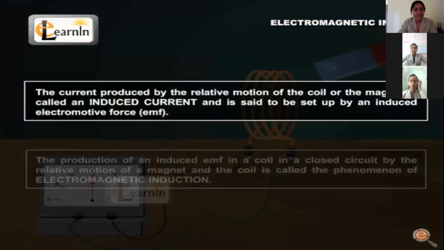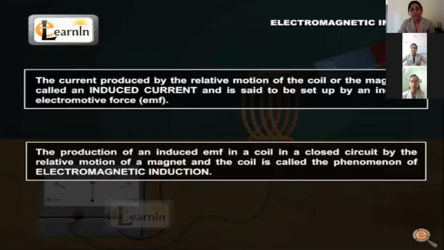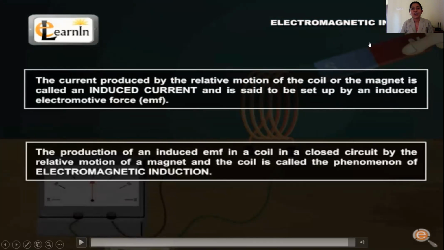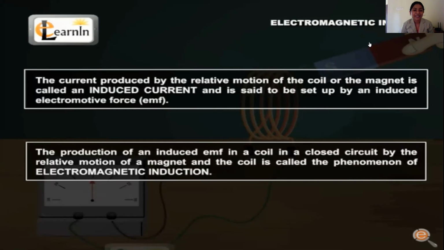From this, it is understood that the current produced by the relative motion of the coil or the magnet is called induced current and is said to be set up by the induced electromotive force. The production of an induced EMF in a coil in a closed circuit by the relative motion of the magnet and the coil is called the phenomenon of electromagnetic induction.